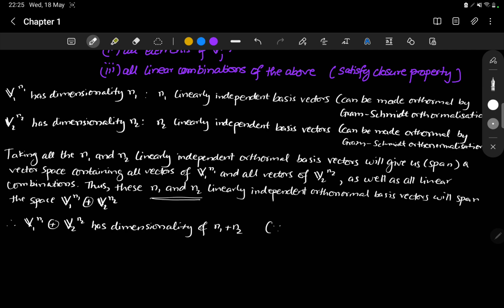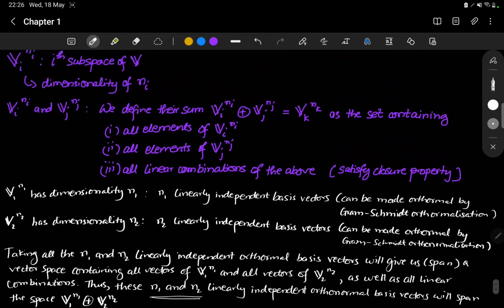Since it has N1 plus N2 linearly independent orthonormal basis vectors, we have proved this question.